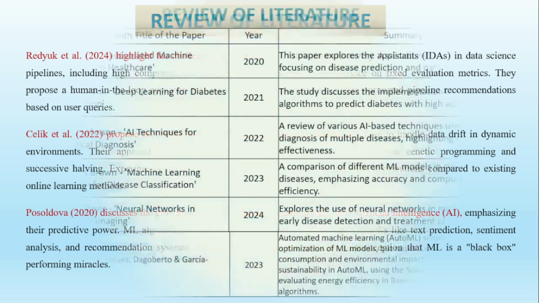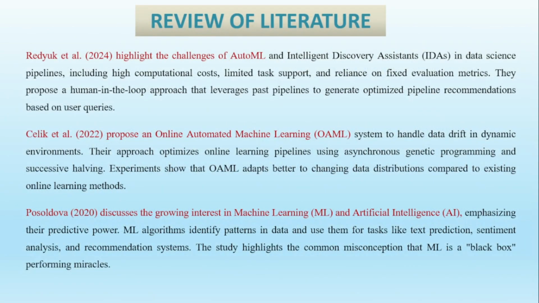Now, the third one is Posoldova, who discussed the growing interest in machine learning and artificial intelligence. This is a 2020 paper. The overview of this research paper: machine learning and artificial intelligence are powerful tools for predicting outcomes based on data. Common applications include text prediction, sentiment analysis, and recommendation systems.